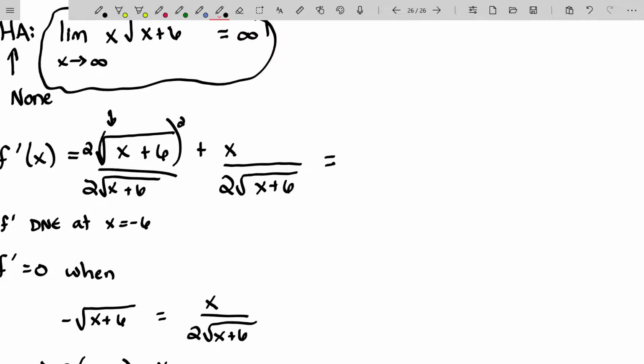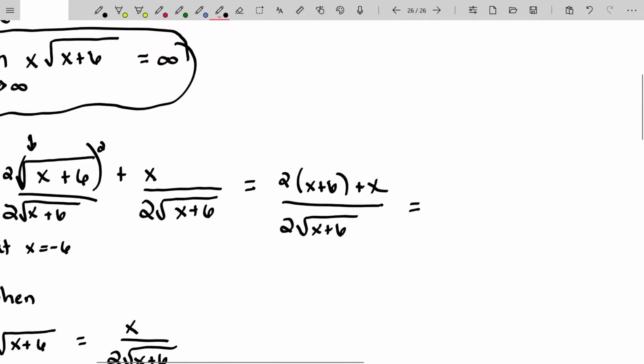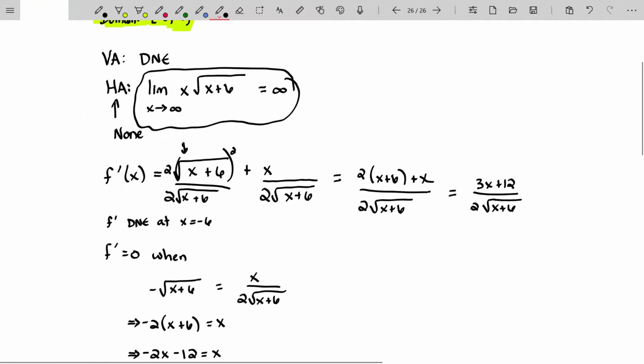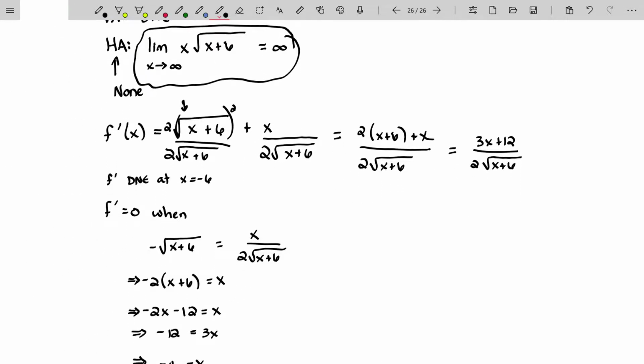So when you do that, you'll get 2 times the quantity x plus 6 plus x all over 2 root x plus 6. It's just a little bit easier when we take our second derivative, that's all. This will be 3x plus 12 all over 2 root x plus 6. Again, double check my math, but I think that's correct.